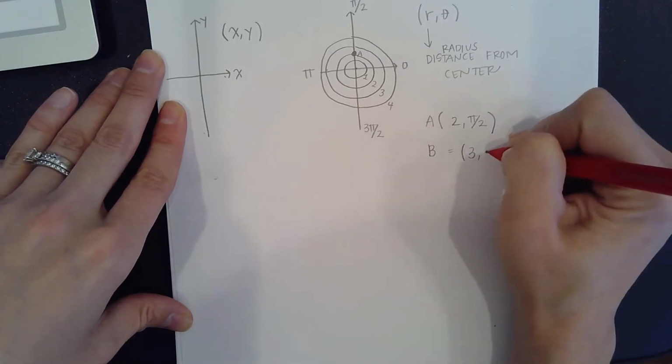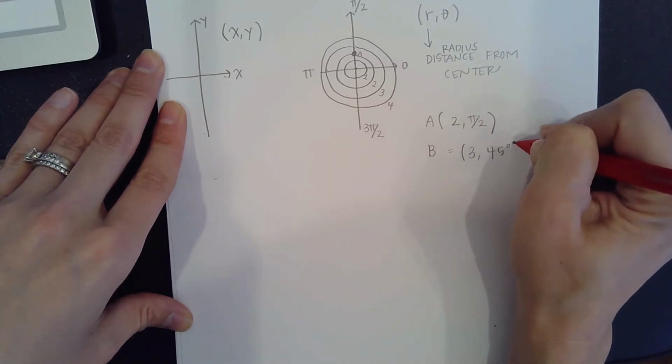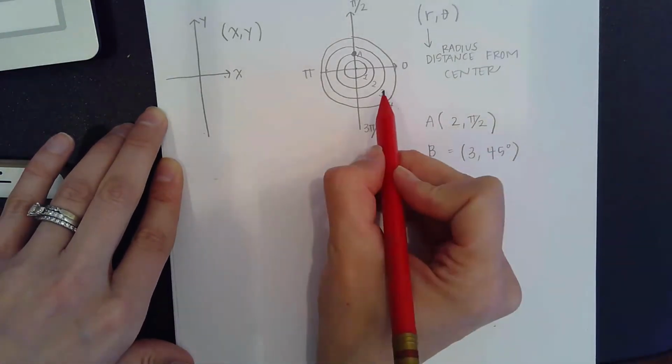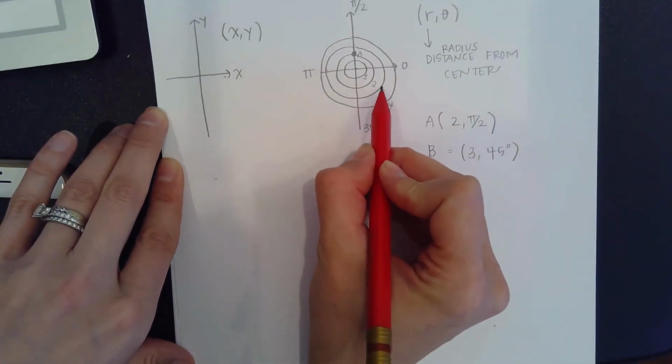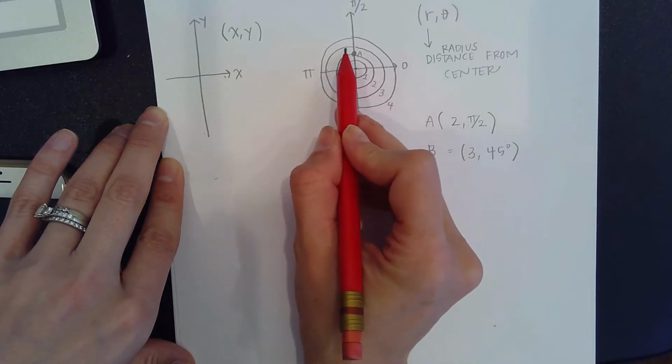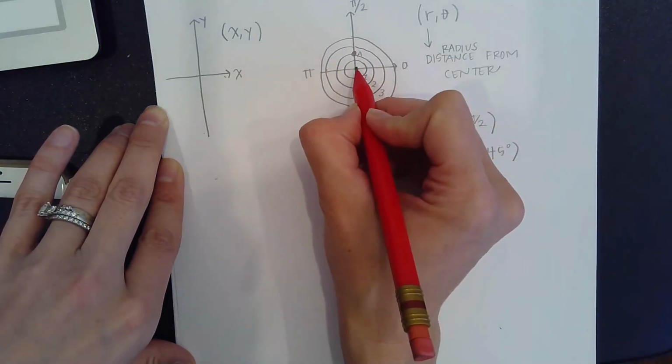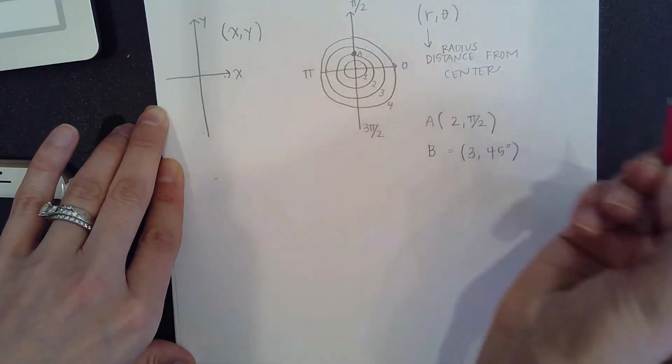If I said (3, 45 degrees), I'm going to be on a radius of 3. Where is 45 degrees? That's in quadrant 1, roughly in the middle here.